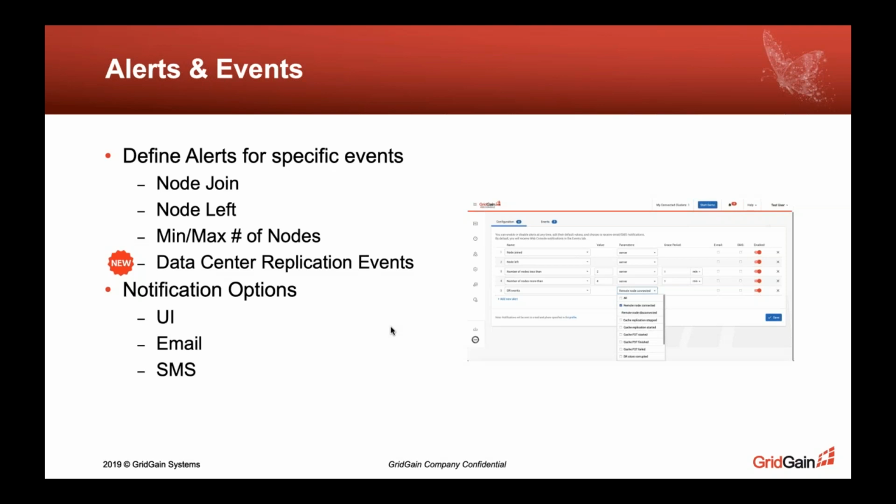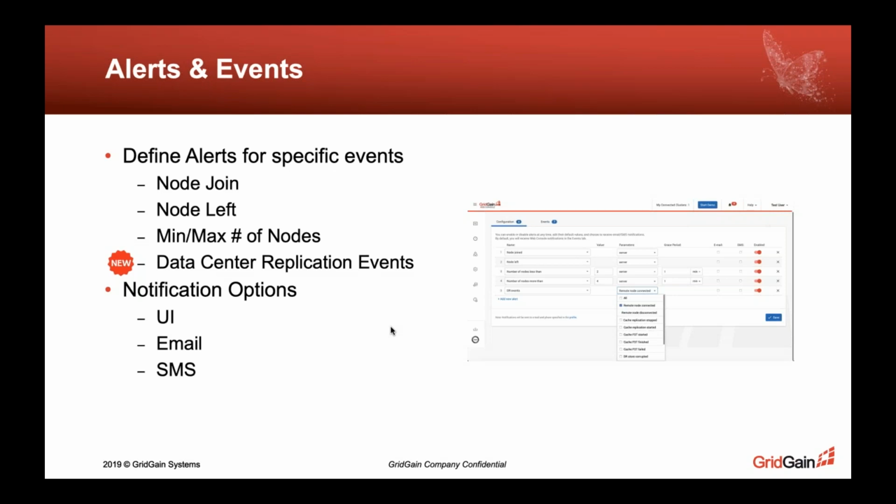So a node joins, a node leaves, or maybe you're expecting your clusters to be of a specific size. If the cluster falls below a certain threshold of nodes or caches, you may want to be alerted that maybe a cache crashed unexpectedly and didn't come back up, and so you might want to go and take a look at it.